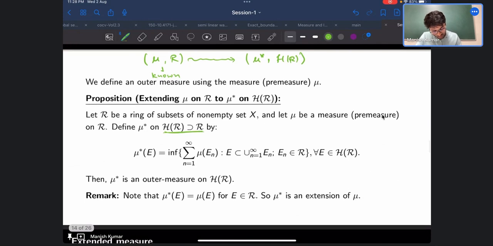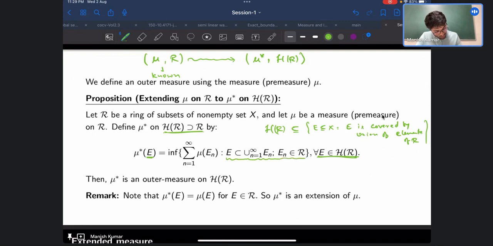As I mentioned earlier, H of R will be contained in the set of E subsets of X such that E is covered by a union of elements of R. So when we choose any element E from H of R, it can be covered by elements of R.